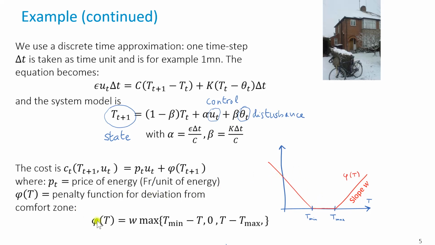So it gives this formula. That's the max of 0 and 2 linear functions, T min minus T, this branch here, and T minus T max, this branch there. So this is a penalty R. We will pay a penalty for any deviation from that. And by putting this term fairly high compared to this one, except for very exceptional cases, we will make sure that we are always in the comfort zone here.